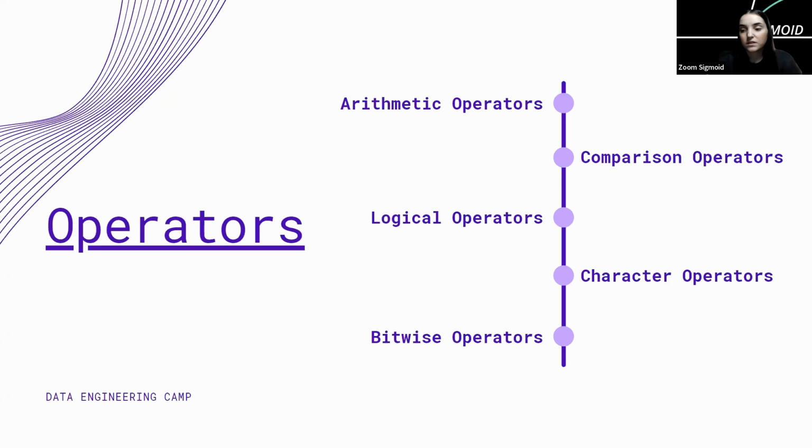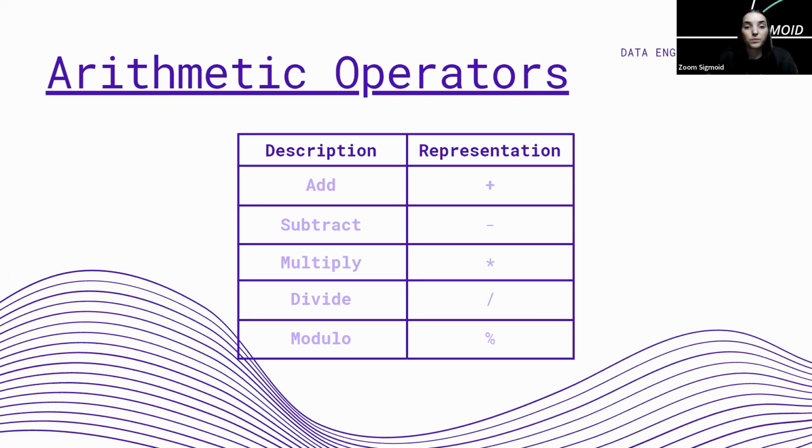The operators used in Transact-SQL expressions can be classified as arithmetic, comparison, logical, character, and bitwise operators. So let's discover each type of operator. We have arithmetic operators. These are the traditional addition, subtraction, multiplication, division, and modulo.